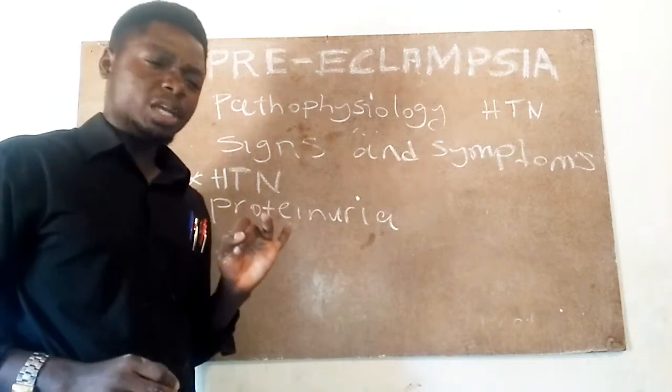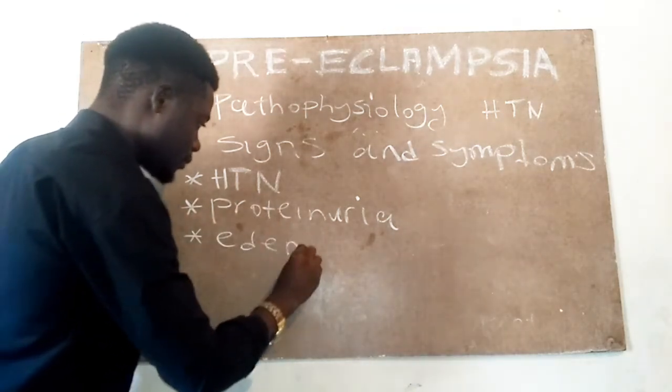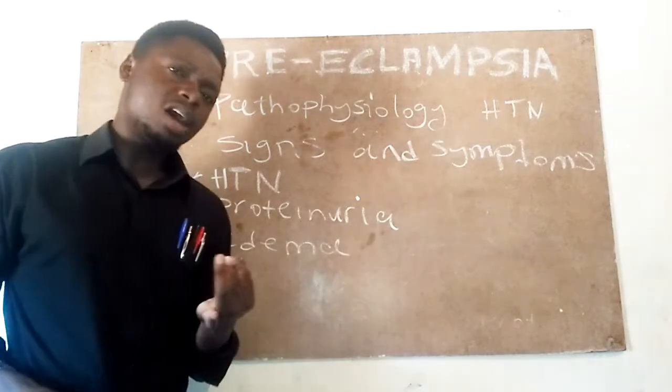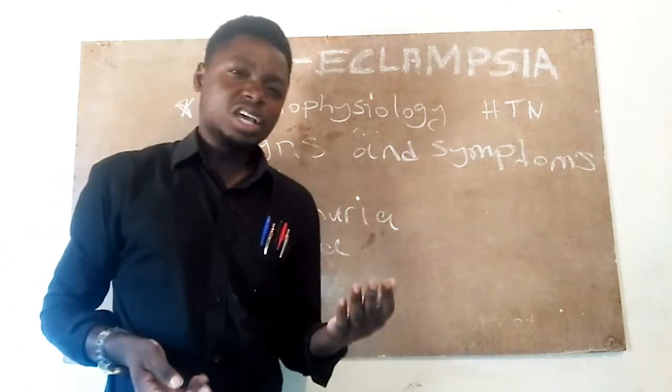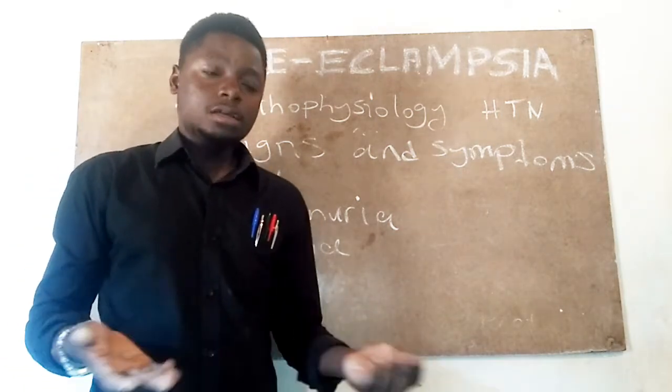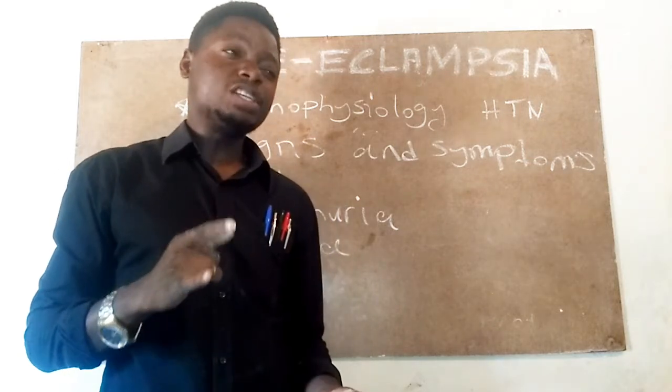This is going to be present. The other classic triad is edema. So the woman may have generalized edema or edema in the face, edema in the eyes, those are some of the places where the woman is likely to develop edema.